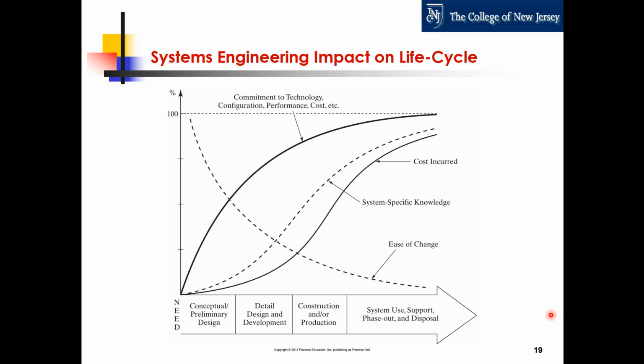Why do you want to do that? Well, because the further you go out in time, the ease of change of something drops quickly. So you want to change things over here when the ease of change is high, and ease is a proxy for cost.